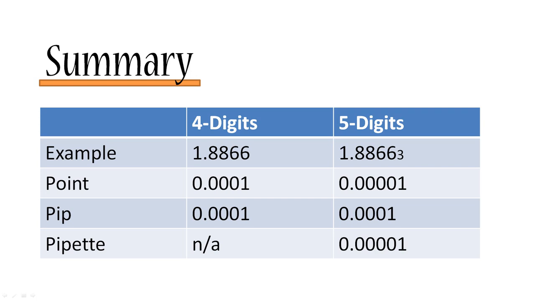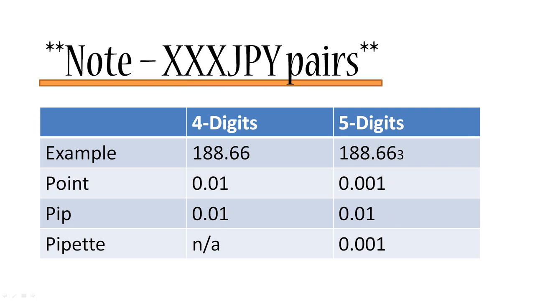So if you come across a forum where perhaps even everybody uses them wrong and confuses pip and point or something like that, well, then you either have to re-educate those people or adjust to their style. But just keep in mind that the majority of traders around the world will talk about these things in exactly this way. And before we finish up, a quick note on Japanese currency pairs as promised.